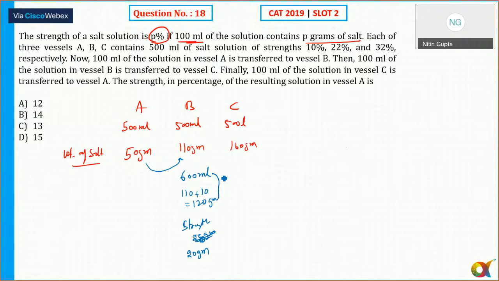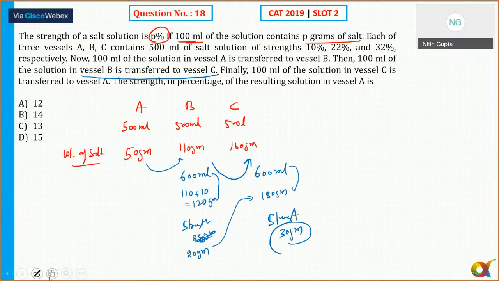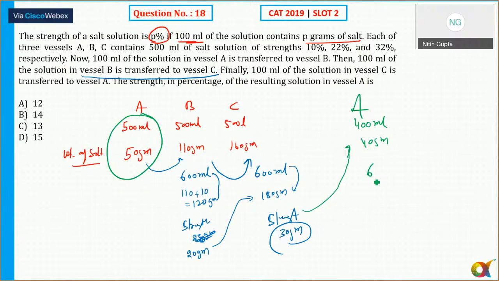Now, similarly, it says from B to C, there is then 100 ml of the solution. From B to C, you are transferring again how much? 100 ml. So if I transfer 100 ml, then here, per 100 ml, that is equal to 30. And finally, 100 ml of the solution is transferred back to A, 500 ml, okay, 500 ml, and we add 40 grams, so per 100 ml.